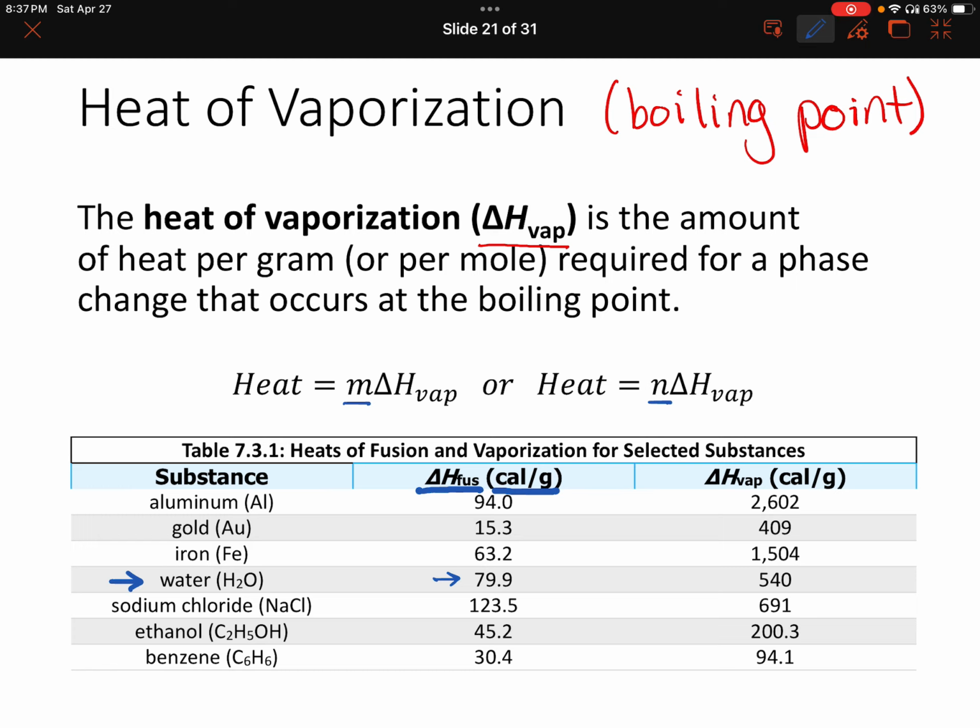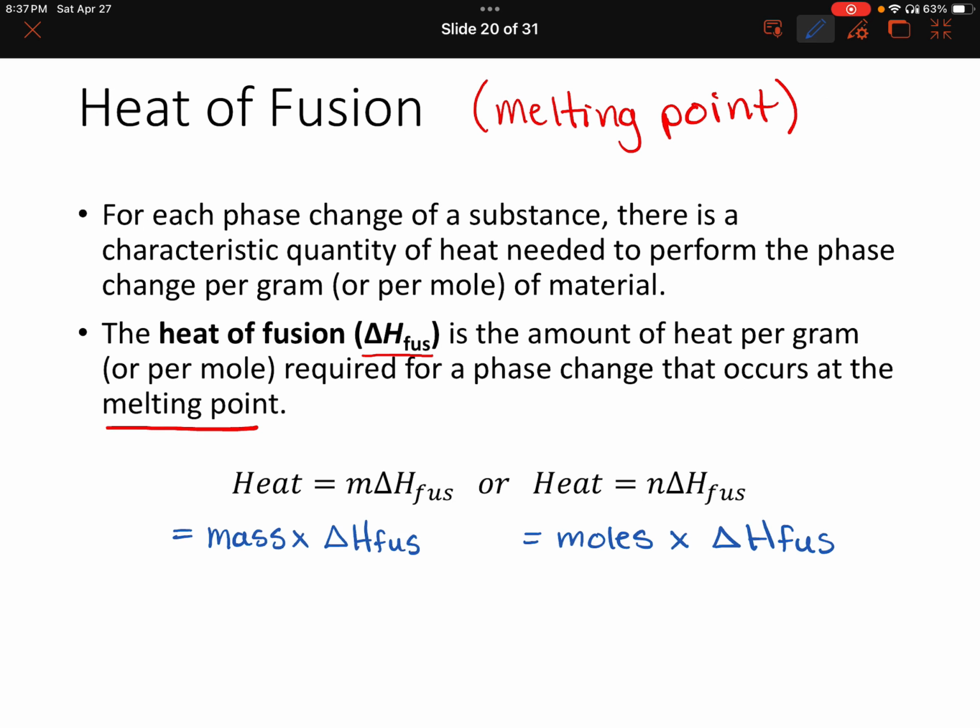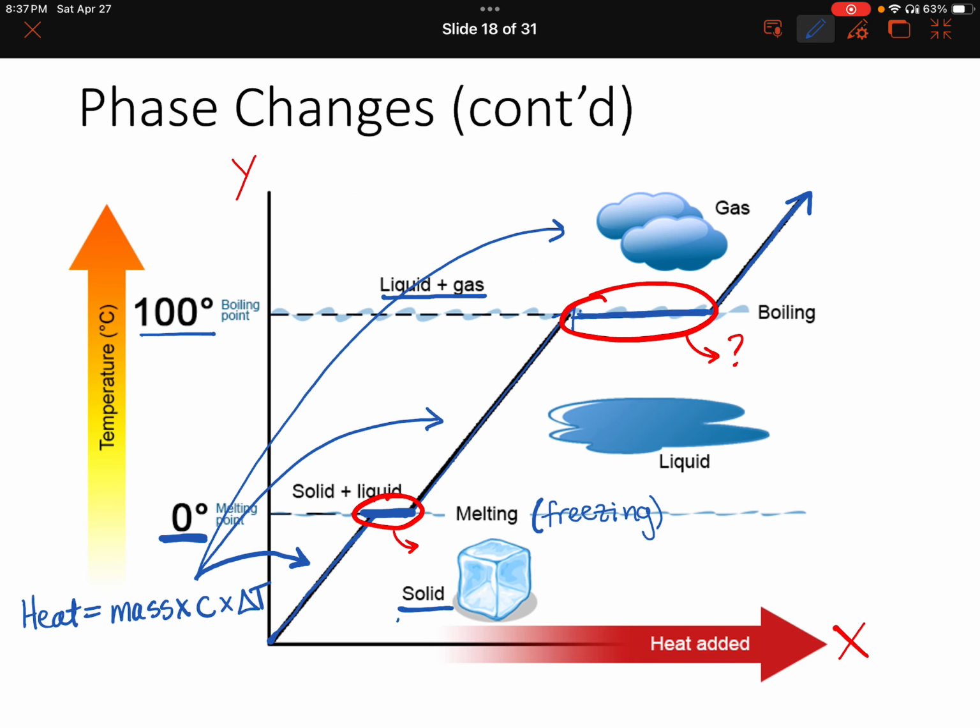But if we want to boil that same amount of water, we need 540 calories of energy. So that would be our heat of vaporization. So that's a lot more energy we need. So that's why we have two different equations. So let's actually go back to our phase diagram.